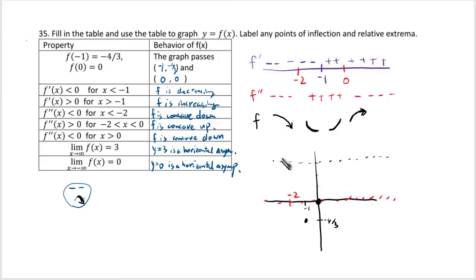So before -2, what happens is the graph must be going down like that, right? And then it has to continue to go down up till here. So this takes some thought. It's not as straightforward as it seems to be.